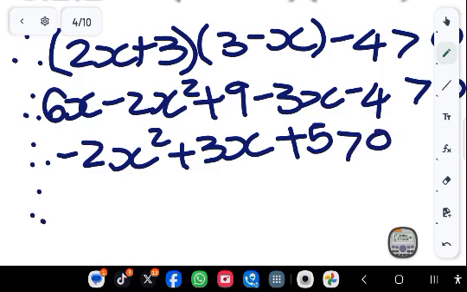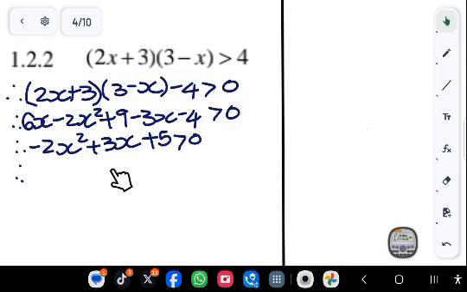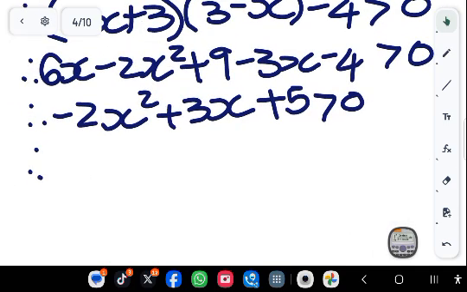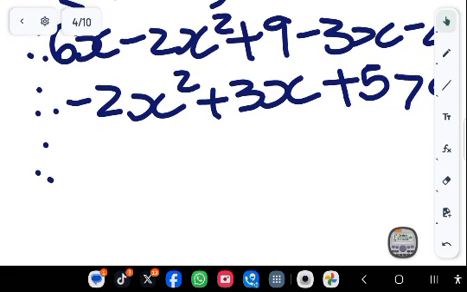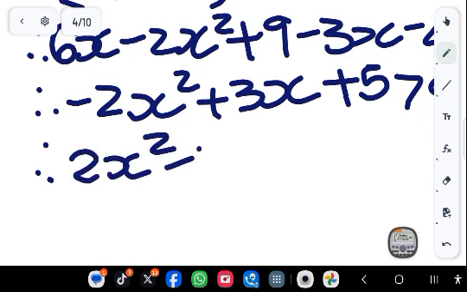Now you divide throughout by negative. All right, you can solve it the way it is, or you can divide throughout by negative, so it is easier for you.